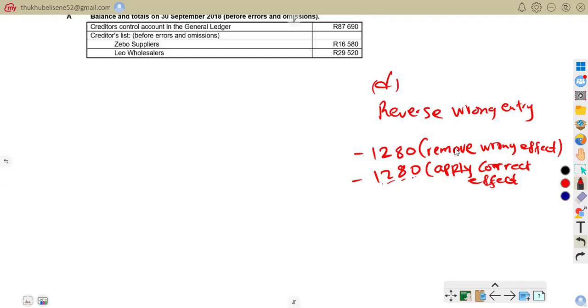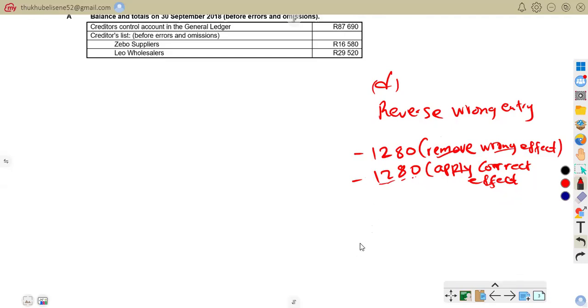Here we are removing it because it's not supposed to increase our creditors. So we have to remove it. It's a wrong effect. Here we minus it because it's going to reduce the amount owed.